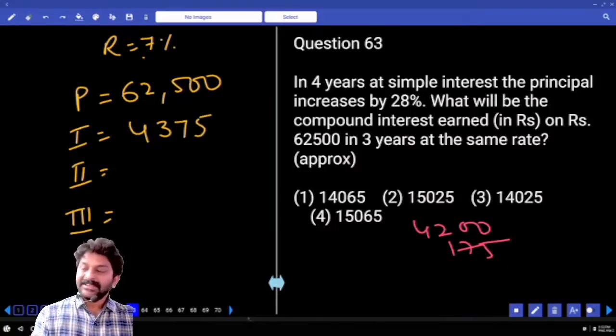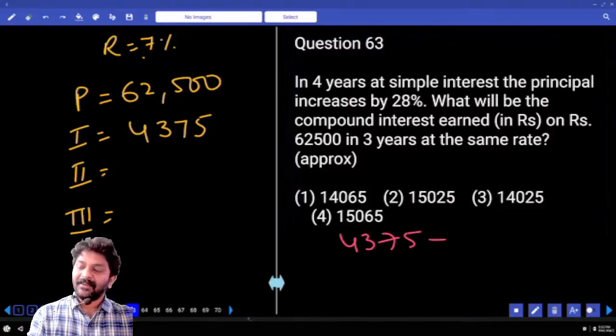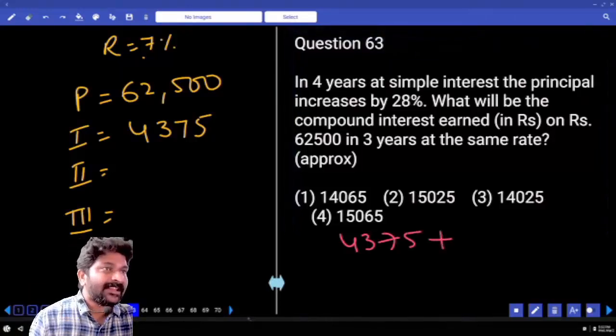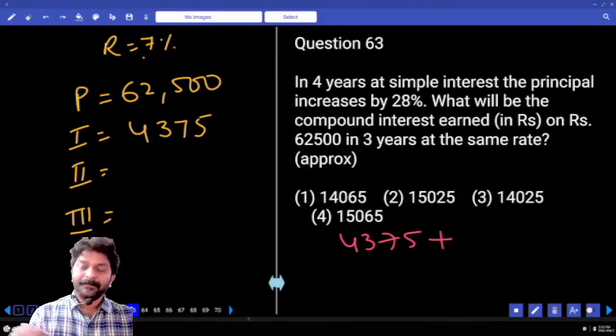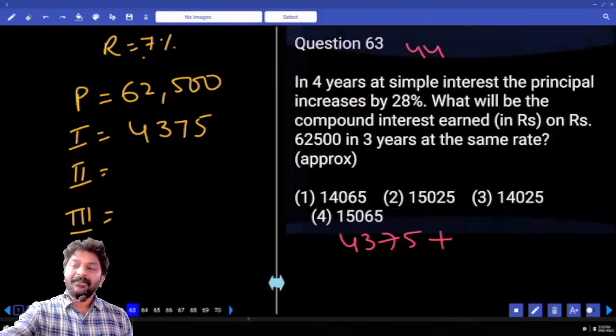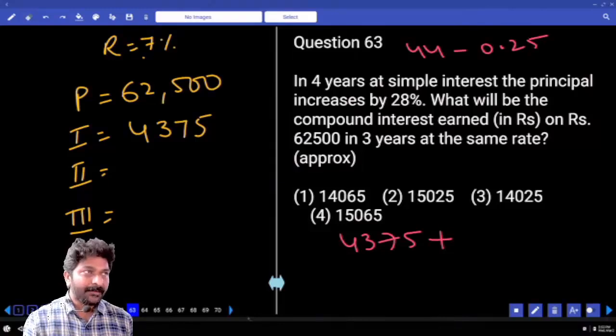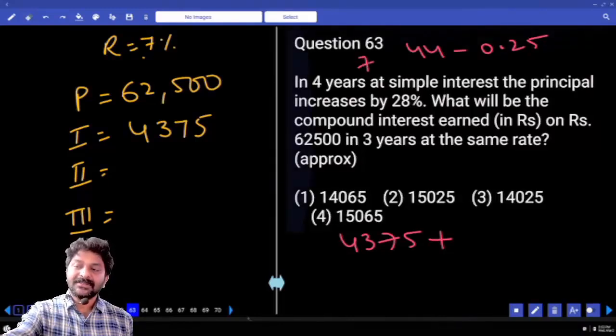That is 4,375. Second year, to this number 4,375, we have to add 7%. What is 1%? 43.75. Let me take it as 44 minus 0.25 for some time. Now into 7 times.